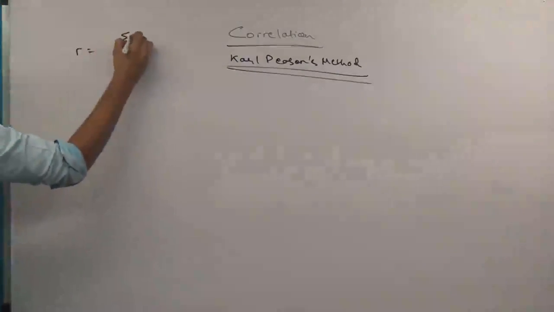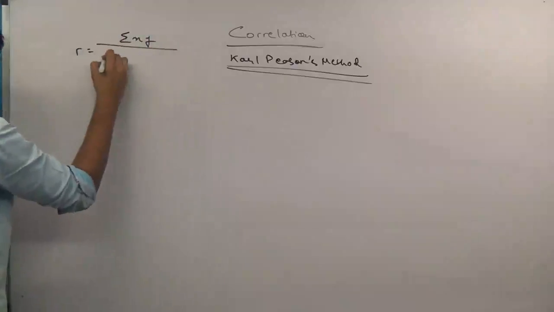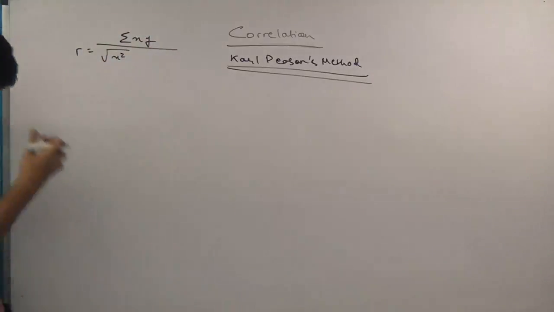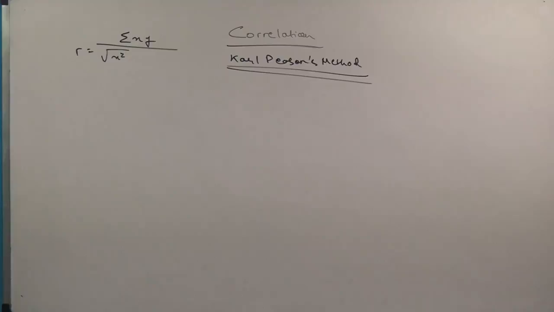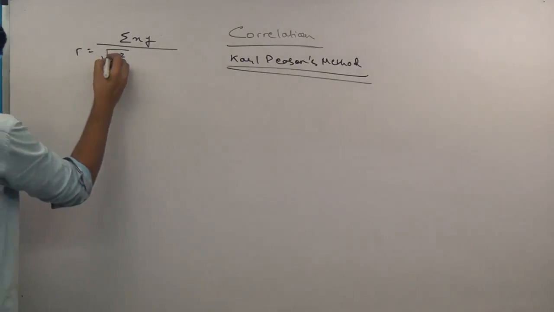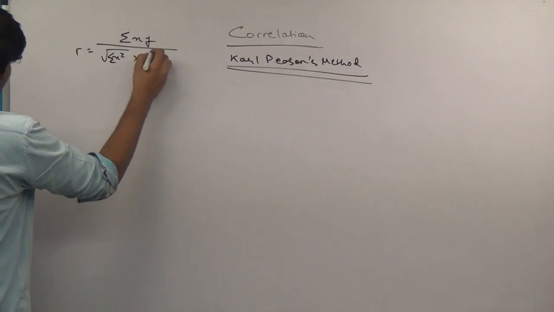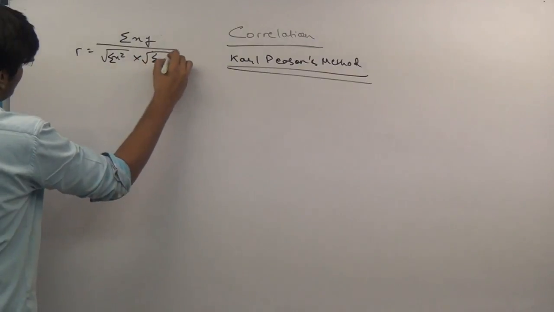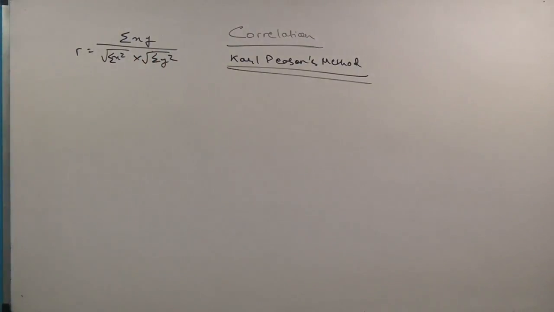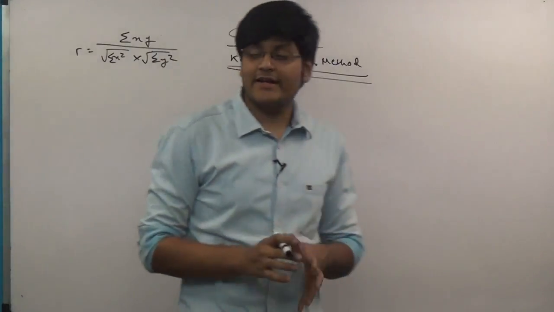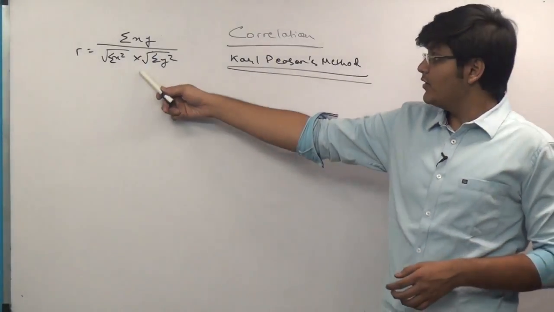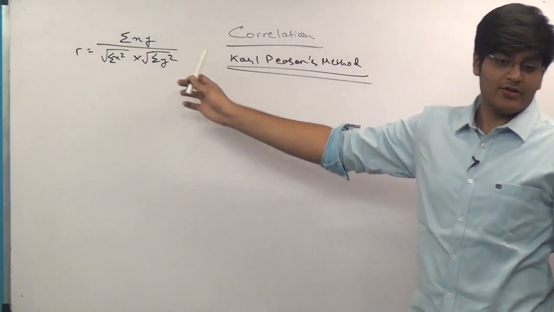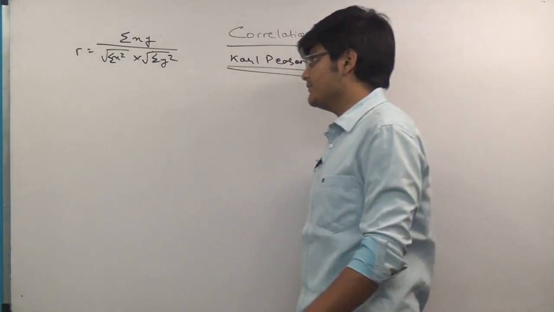R is equal to summation xy by root over summation x square into summation y square. Fine. Summation xy divided by root over summation x square into summation y square.